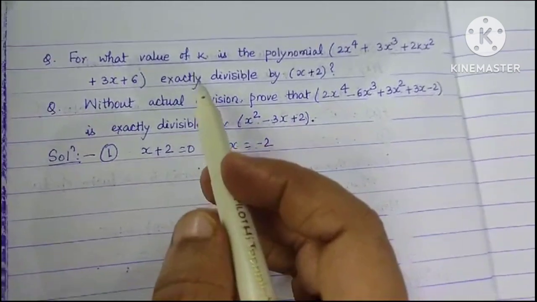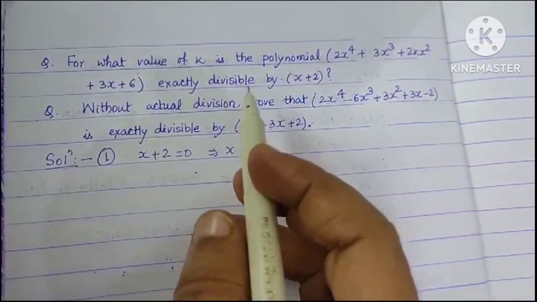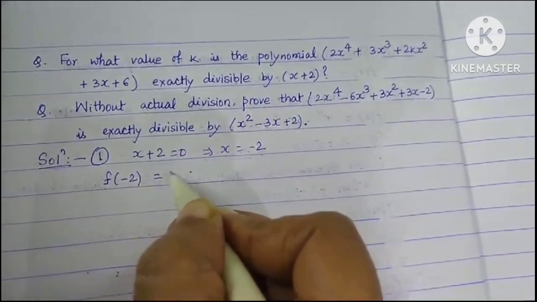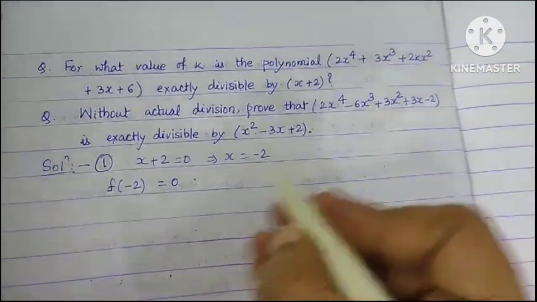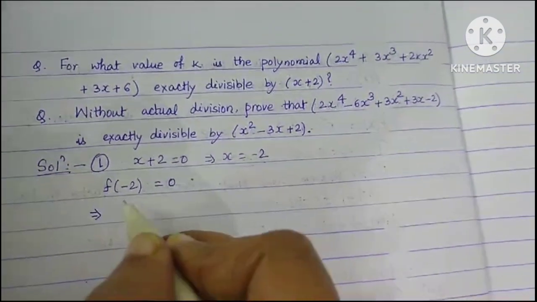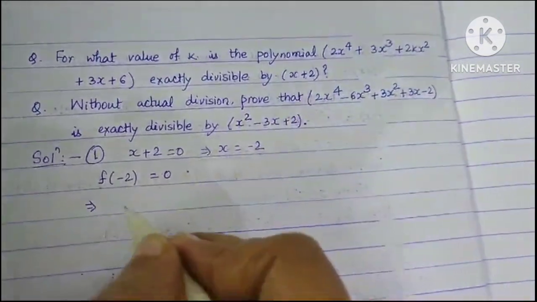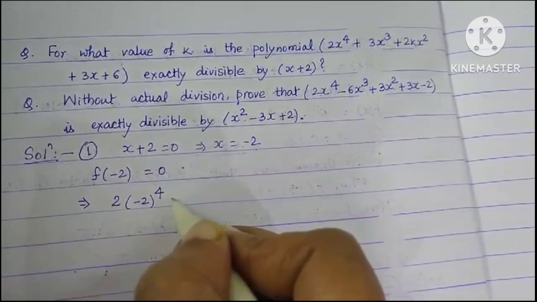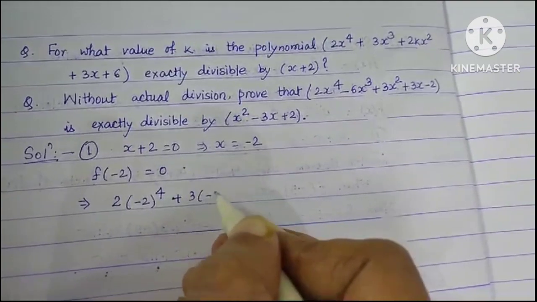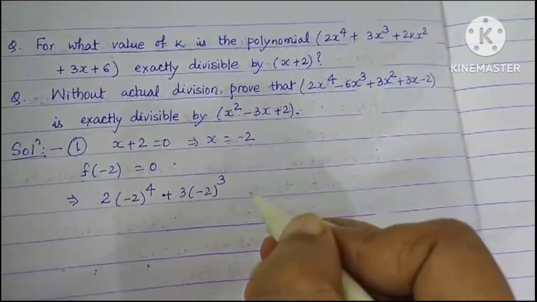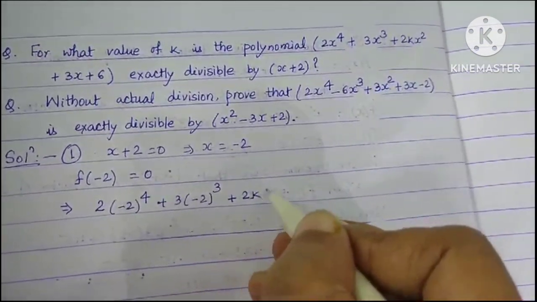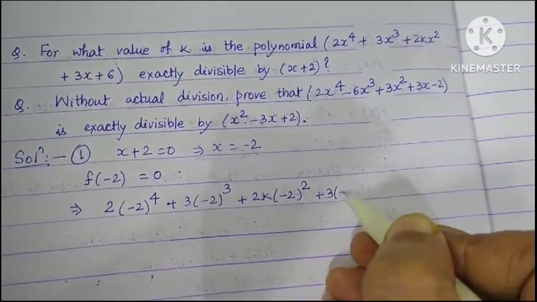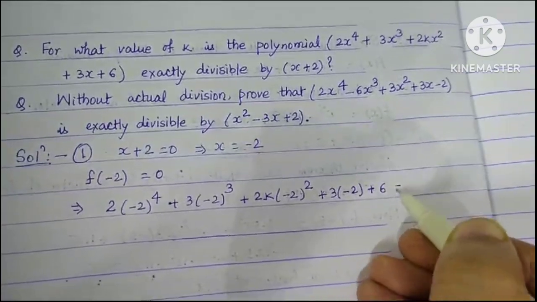So from the factor theorem, when this is exactly divisible by x plus 2, that means f of minus 2 is equal to 0. So this implies we put minus 2 in this polynomial. This implies 2 into minus 2 power 4 plus 3 into minus 2 power 3 plus 2k into minus 2 power 2 plus 3 into minus 2 plus 6 is equal to 0.